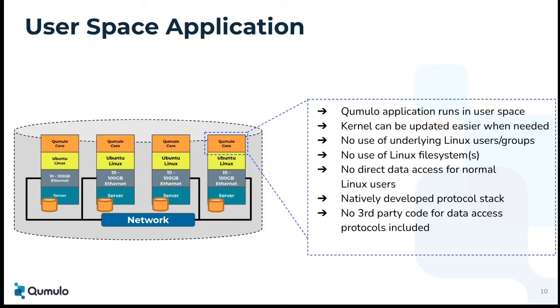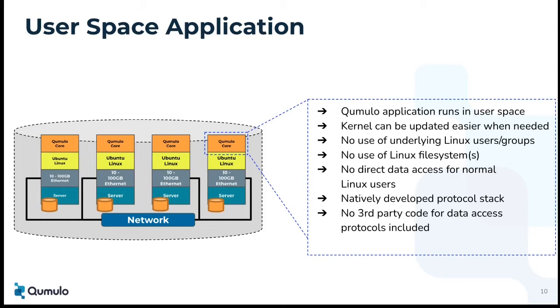Then, because we run in user space, Qumulo doesn't have any knowledge of the underlying Linux users and groups. Our users and groups are completely maintained in Active Directory, so any underlying Linux user or group doesn't say anything. For example, if you have a specific local user that is not a root user that logs into your system, this user cannot even see the file system.